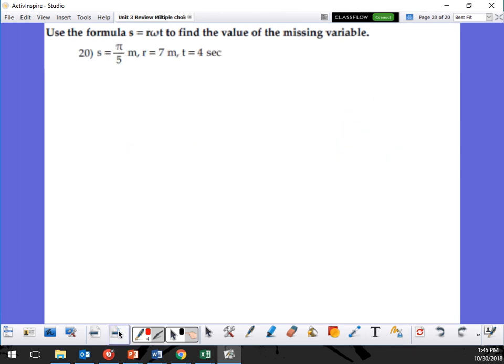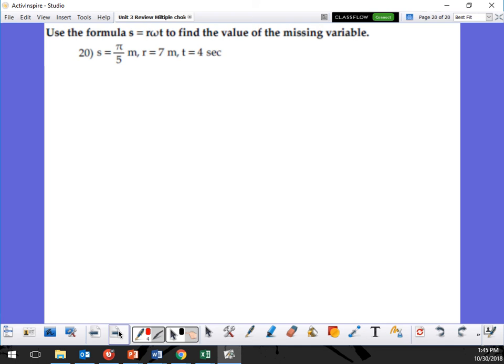Number 20. Hey, look, there's that formula now. S equals RWT. All right, we have S, we have R, we have T. What is the variable I'm looking for? W. I'm looking for W here now, right?